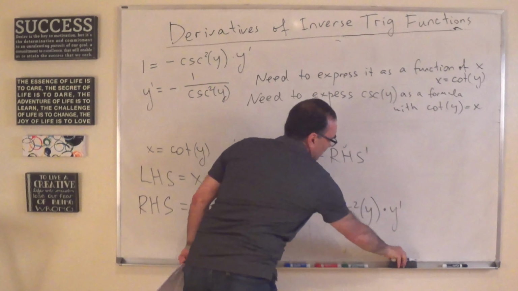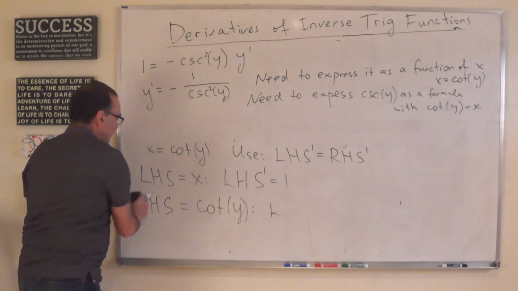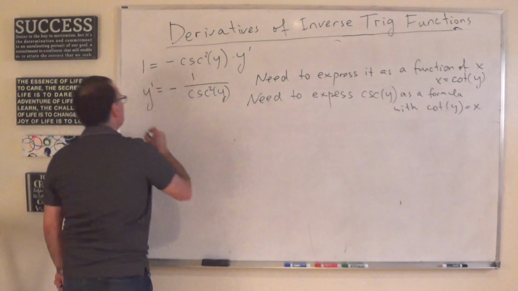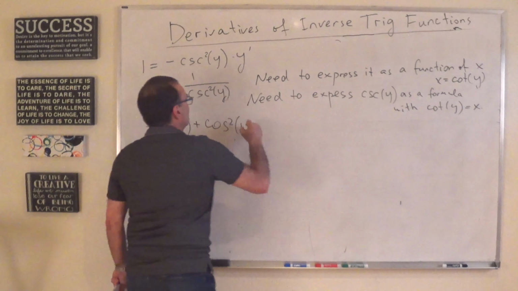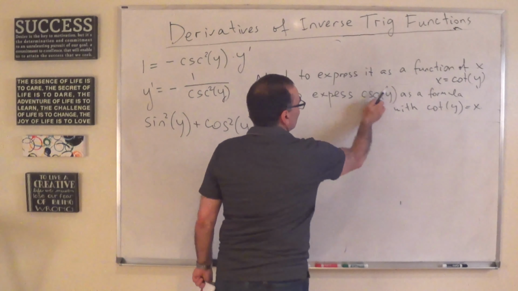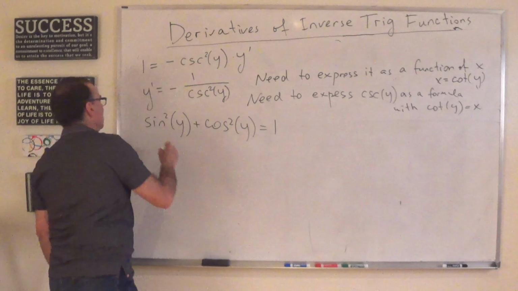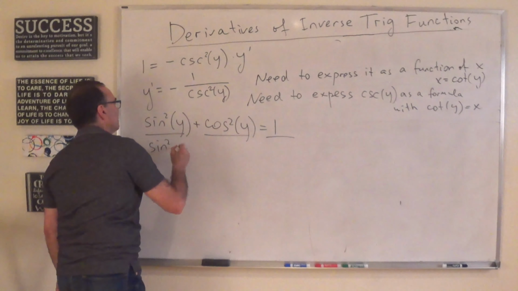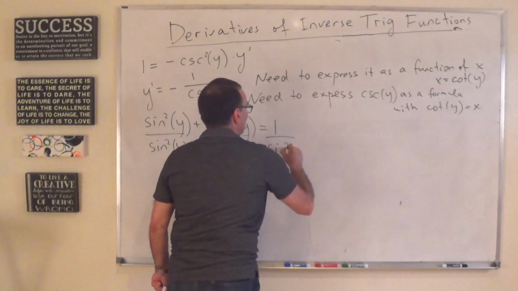We start with the main trigonometric identity, sine squared plus cosine squared equals 1. In this case, it's sine squared of y plus cosine squared of y equals 1. And now we need to have cosecant and cotangent. And for that, we'll divide all of this equation by sine squared of y.